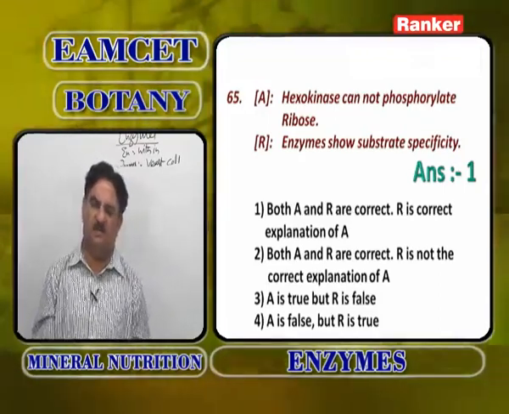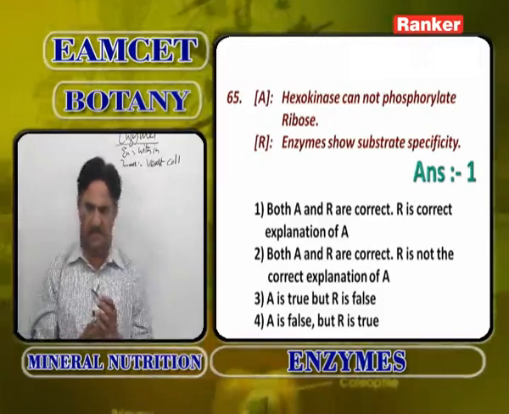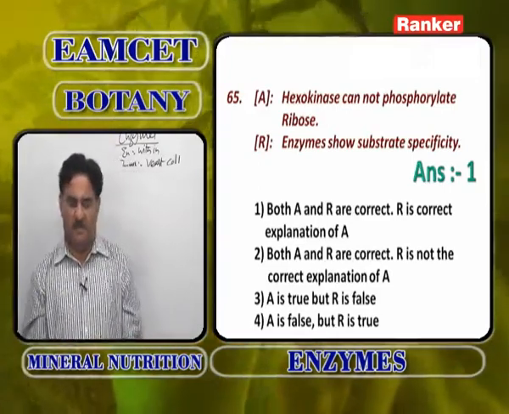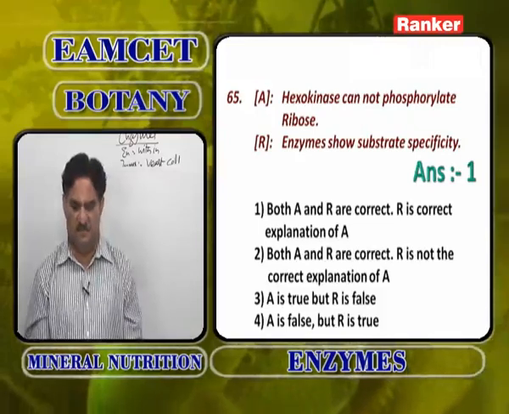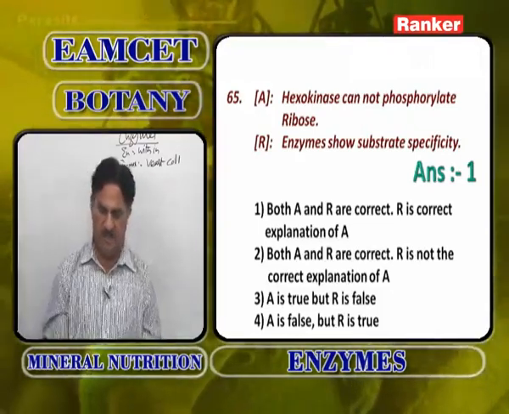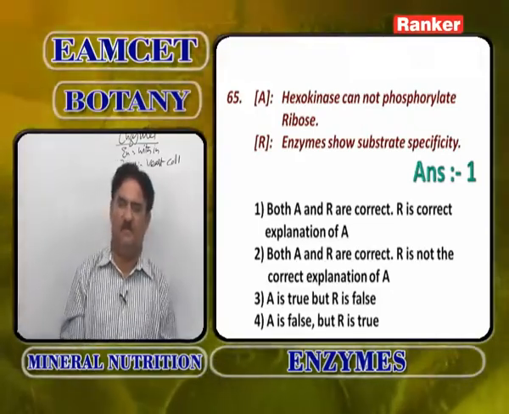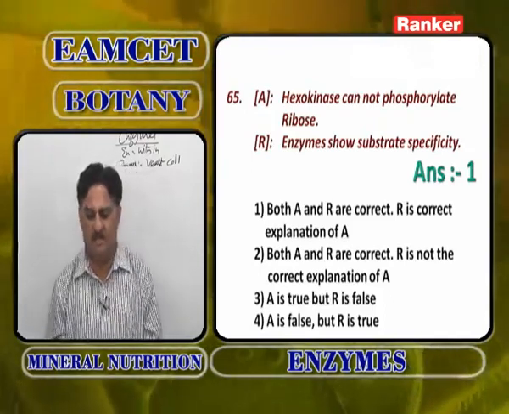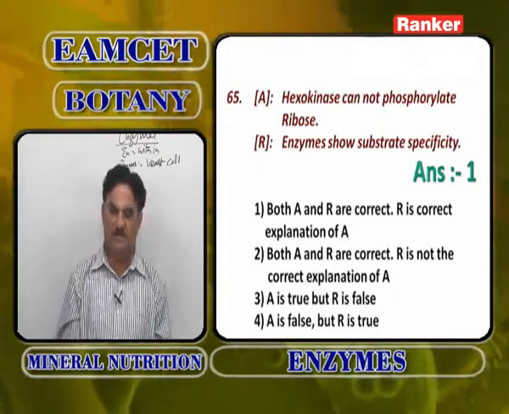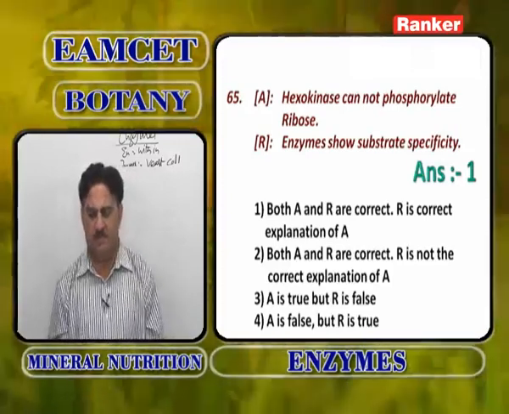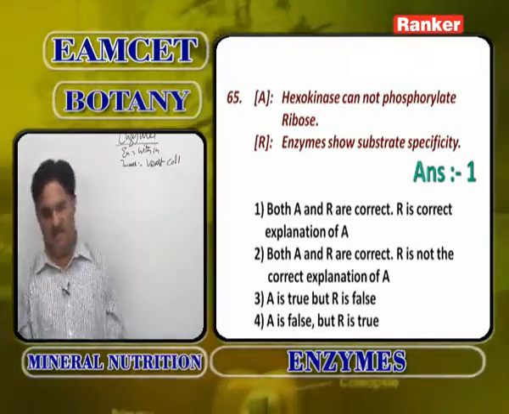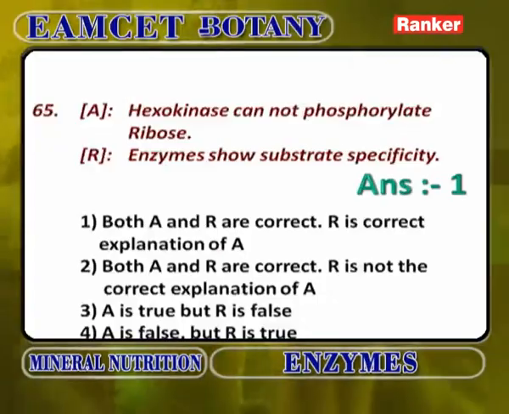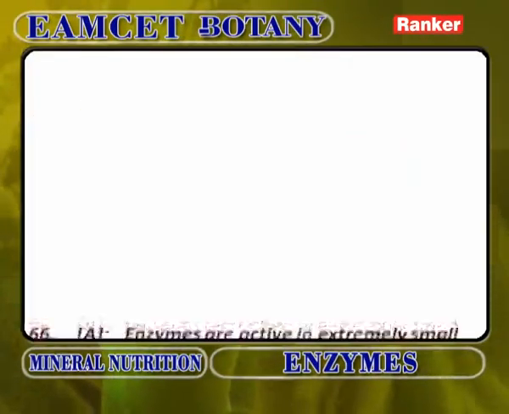The outstanding property of almost all enzymes is specificity. So this assertion reasoning is based on the outstanding property of enzymes. Hexokinase cannot phosphorylate ribose is correct. Why hexokinase cannot phosphorylate ribose is because enzymes show substrate specificity. Hence the answer will be A and R are correct. R is the correct explanation of A, first option.